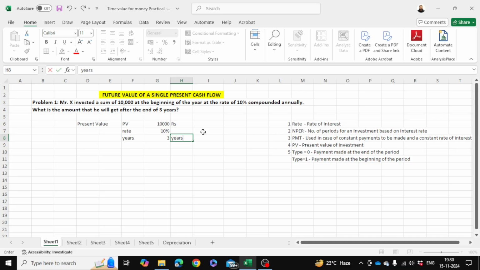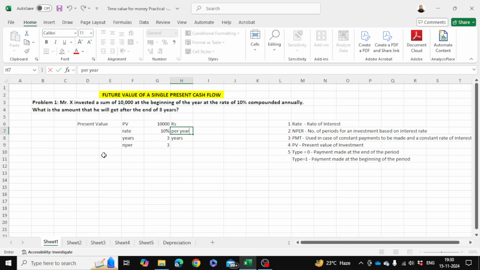Since you are going to calculate annually, compounded annually, the N period will remain the same. N period will equal whatever value you have here. So this is your effective period, and the effective rate will also not change. It is per year or annually.